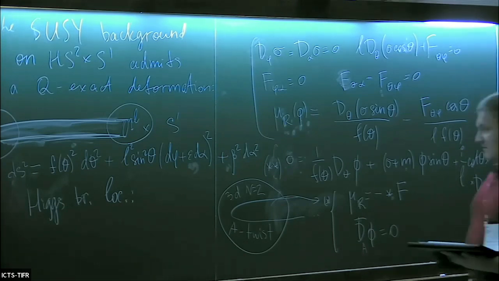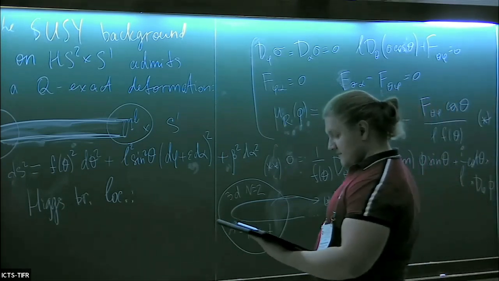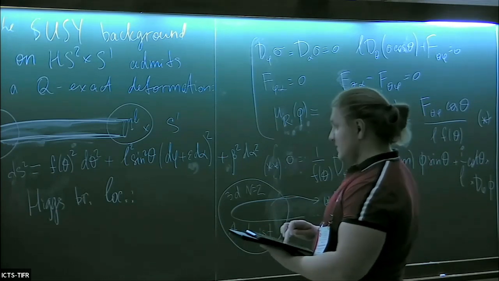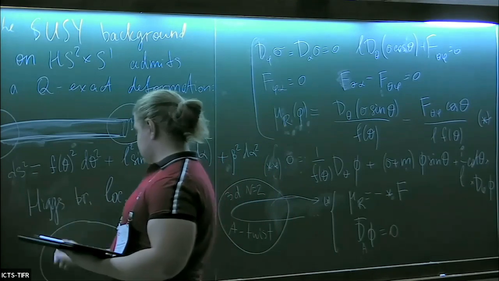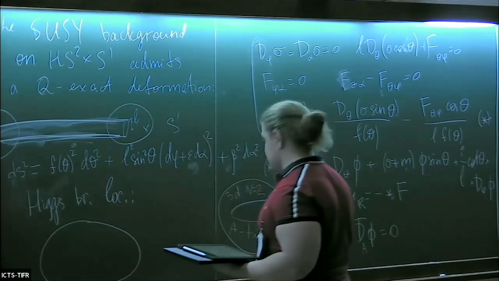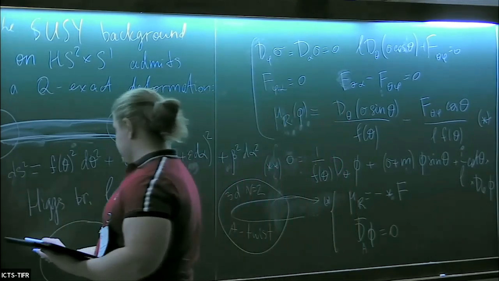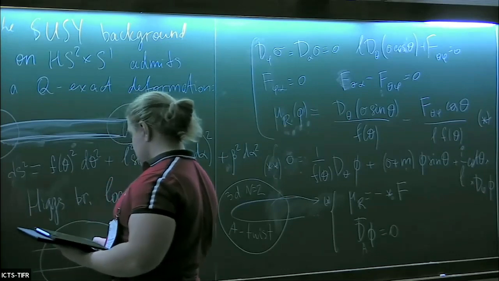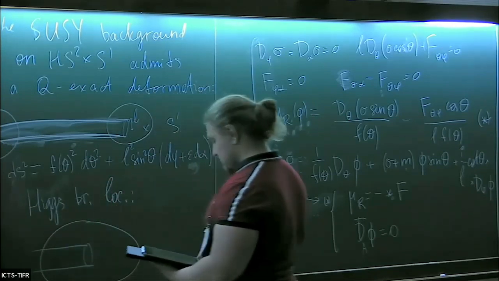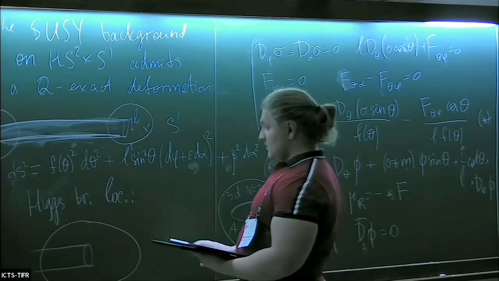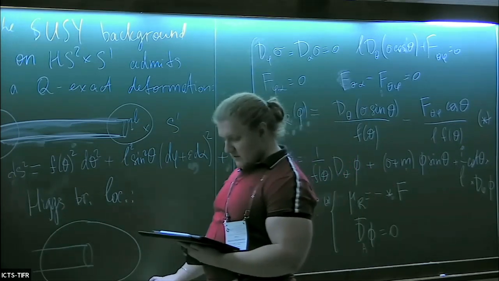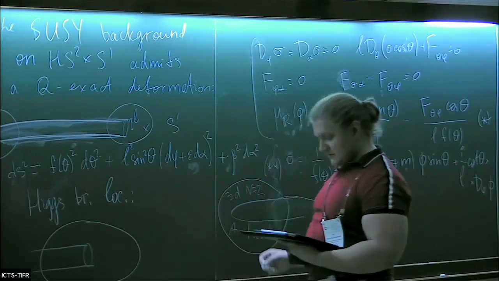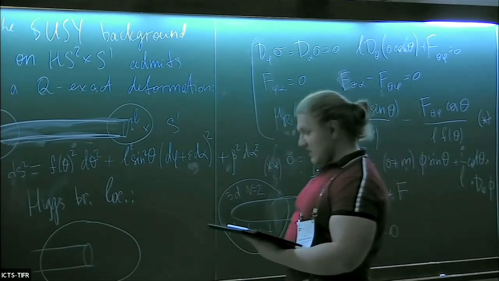Whereas if I focus on the other region, this one, let me just draw it here because I want these two things to be close to each other. In this region, this effectively looks flat, and I get the gradient flow equations, which play a role in the construction of stable envelopes.